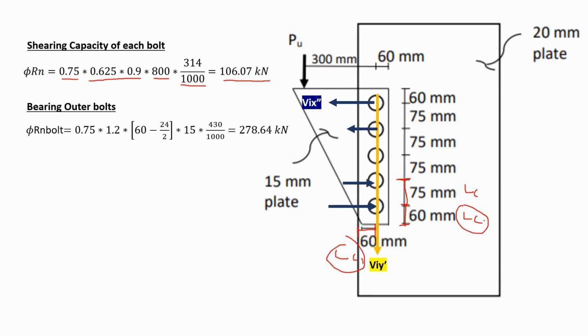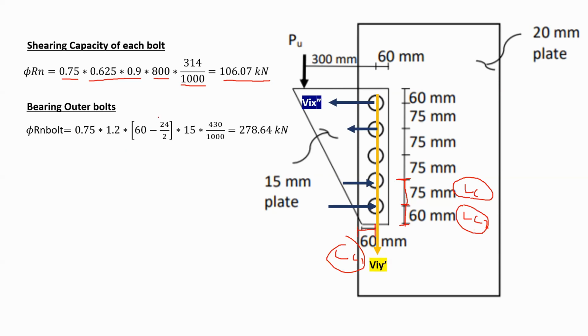So you can say LC1 and LC2 are equal to each other. That's 60 and that one is 60. What about this one? This one is 75. That one would be different. Now, if we calculate each LC and pick the lowest one to plug in my equation, I find that the minimum would be LC1 or LC2. Both of them are the same.